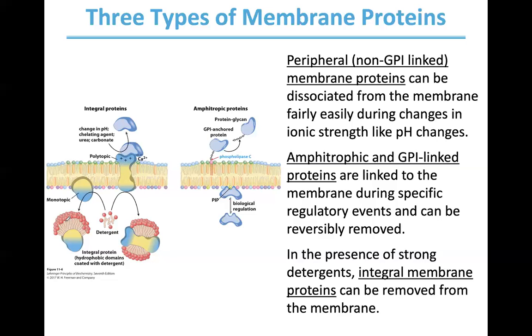If you use a detergent such as soap, you can apply it to the cell membrane, and you can see here that the hydrocarbon tail of the detergent will form hydrophobic interactions with the integral membrane protein, this portion that normally inserts into the cell membrane, in the middle of the protein.